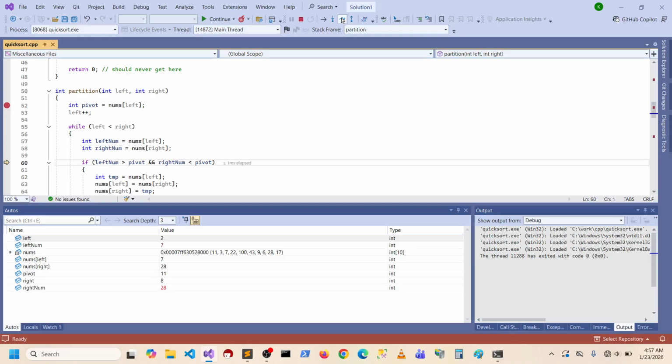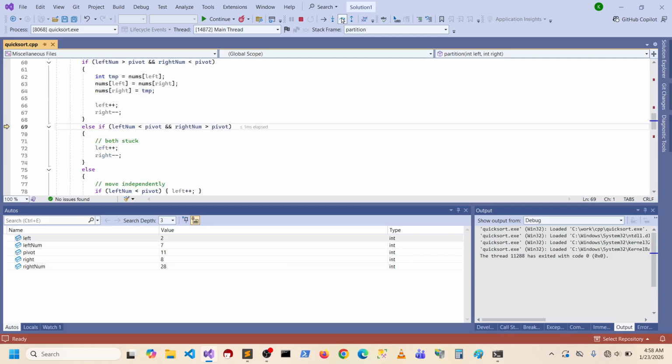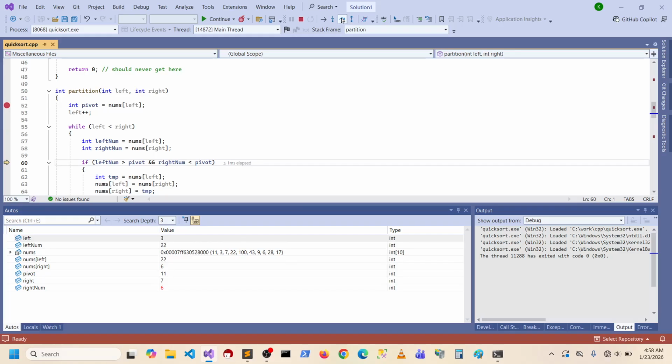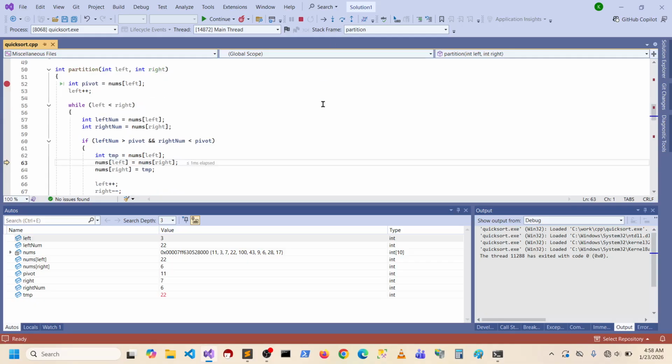So now we have 7 and 28. Okay, we're in the same situation now. Advance, advance. Now we're at 3 and 7. So 22 and 6. So this, they'll swap. So we go in here. That's 22. Oh, shoot.